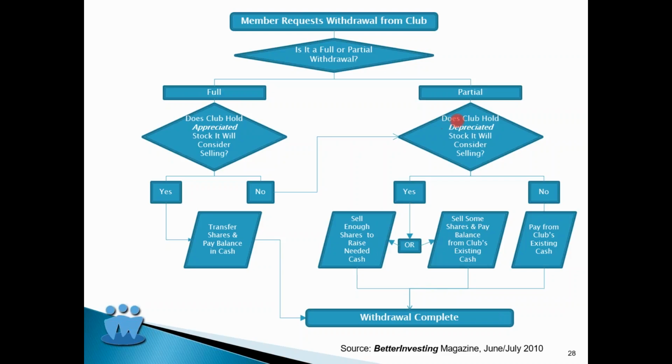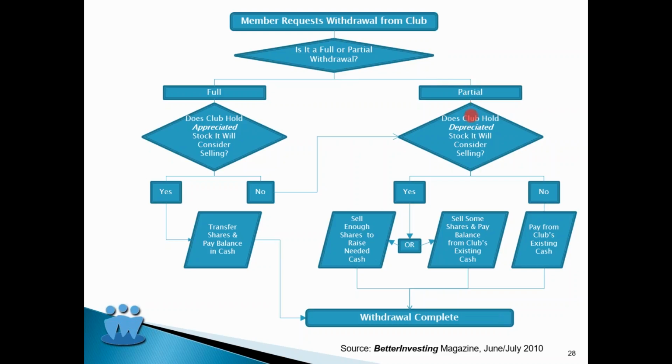If you come back up here and the club doesn't have depreciated stock it will consider selling, in other words, you're pretty confident that all the stocks that you own are in good shape and you're not really interested in selling any of them, well, then your option is to pay from the club's existing cash or to raise additional cash, and then the withdrawal is complete. If we start back up here again and it's a partial withdrawal, we go through the same chain here.